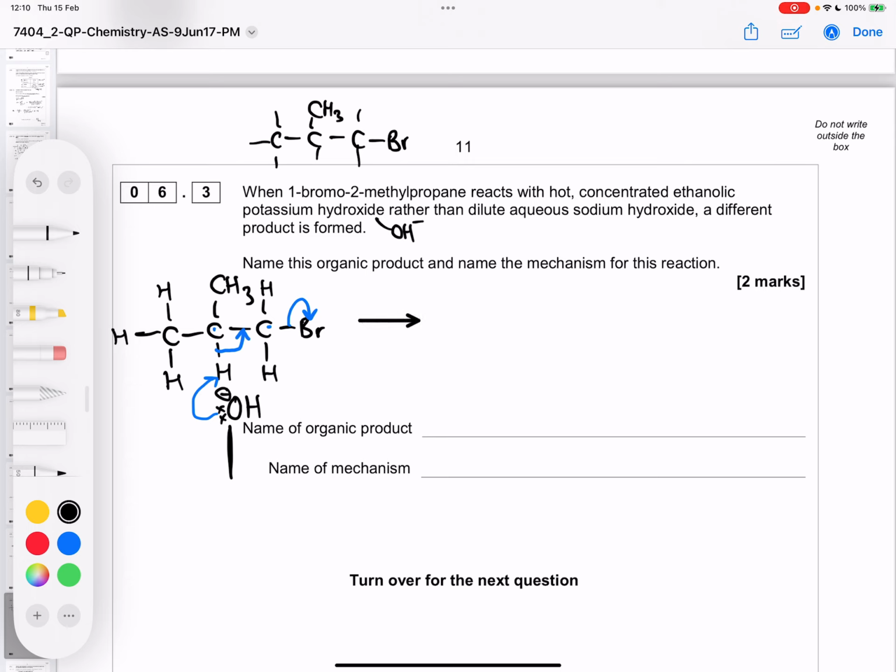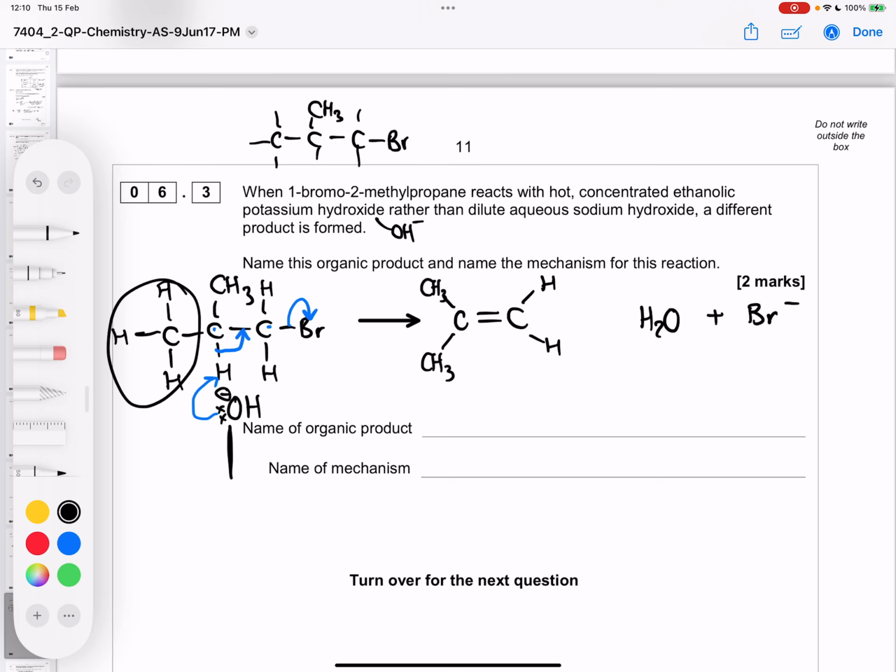So you end up with a C, where the C made the double bond, that C had a CH3 and then another CH3. We didn't actually do anything to this bit. Then this side had 2 H's, and we've made water. The hydroxide went to grab that proton, and a bromide ion.